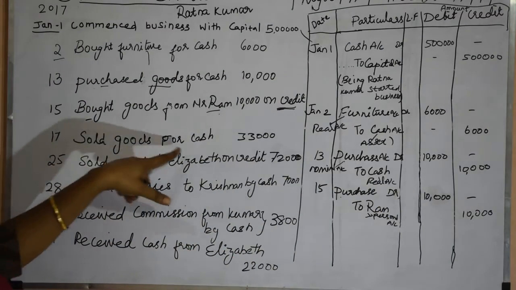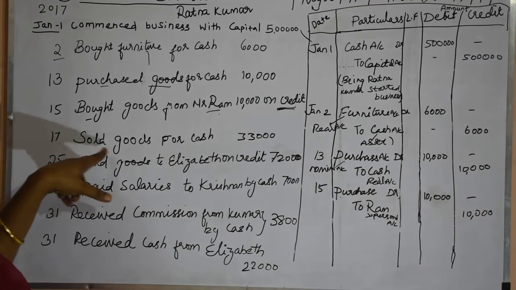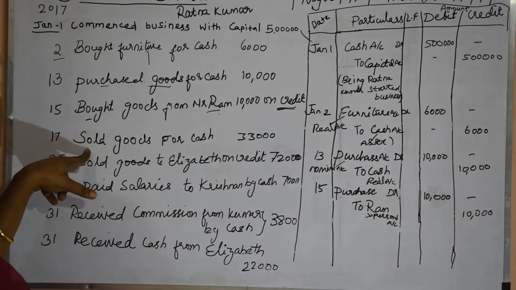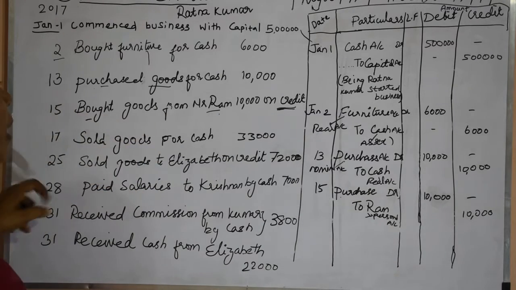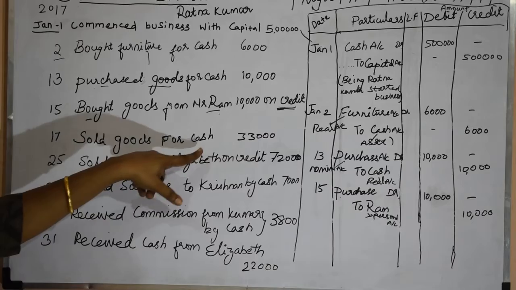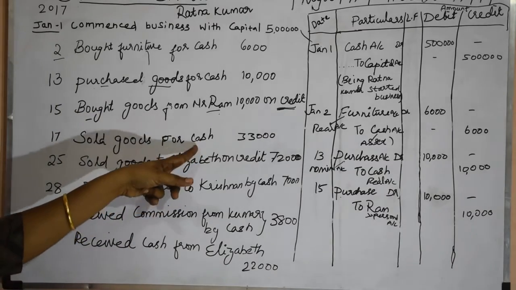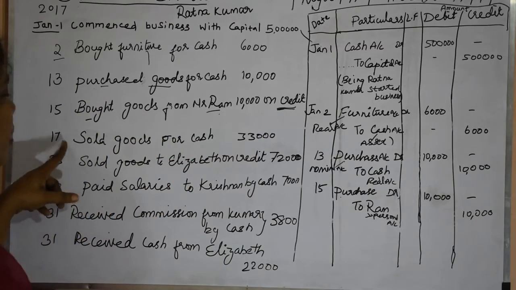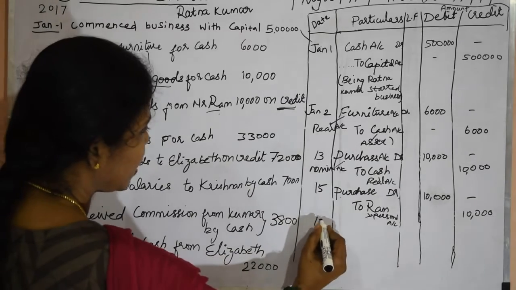Next one is the 17th of January. Sold goods for cash 33,000. Sold goods for cash means we are selling the goods for cash 33,000. Selling means we are getting the revenue. Revenue means we are getting the cash. So cash account debtor to sales account on 17th of Jan.